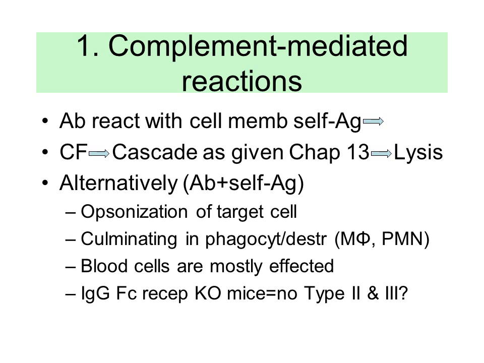That is not what they're supposed to do, but that's what they do. That would lead to a complement factor cascade, as we discussed the other day. There's a cascade from C1 to C9, and we discussed that in detail in chapter 13. Those of you who want to look it up, listen to the podcast as well. Eventually you will get lysis of the cells. So you get cell lysis.